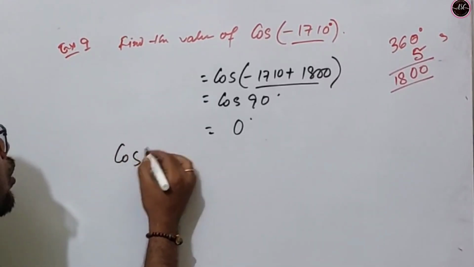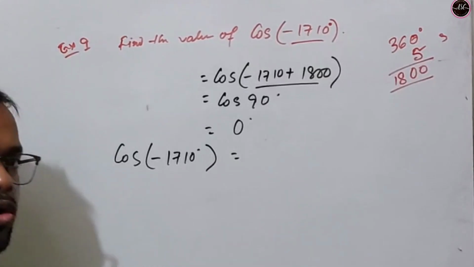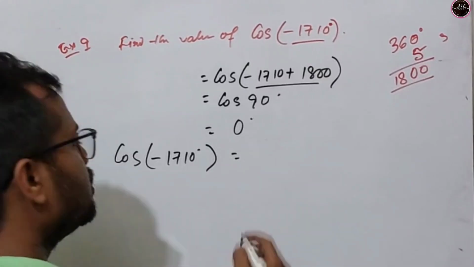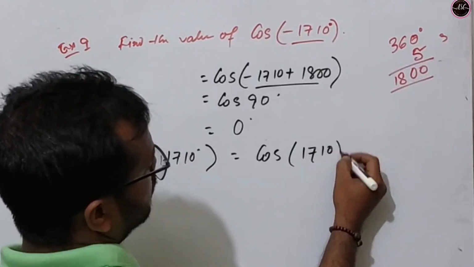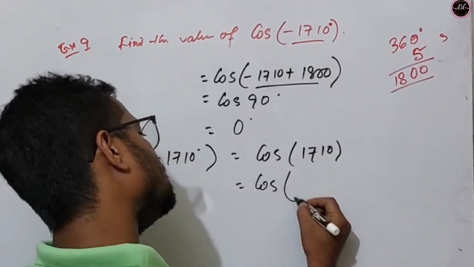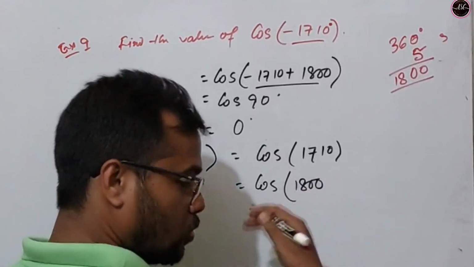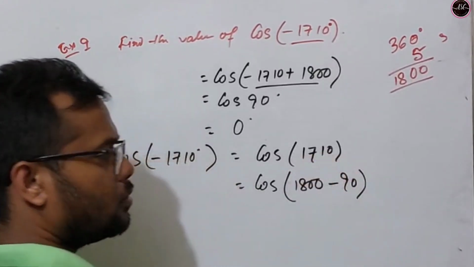There is another method. Just look, cos(-1710°). This can be represented as, we know cos(-x) equals cos x. So this will be cos 1710. This can be expressed as cos(1800 - 90).